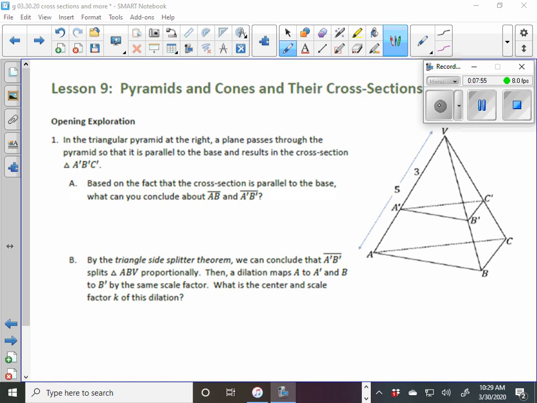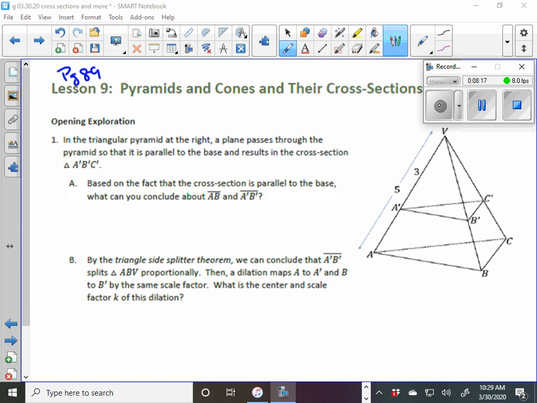Moving on to lesson 9, by the way, we are on page 89. It introduces pyramids, cones, and again, their cross sections and then the relationships between those. With the cross sections of prisms and cylinders, the cross sections were identical.